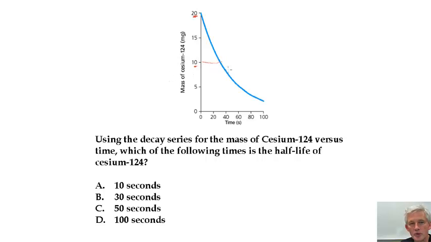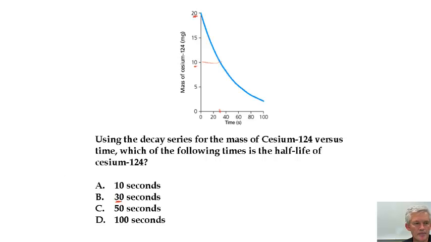You, of course, would use a ruler, take it to the decay curve, and then just basically follow it down to, I would estimate, right about here. At least, given the options you have, you've got 10 seconds, 30 seconds, 50, and 100. It's pretty obvious that in this particular case, we're looking for basically a half-life of 30 seconds.